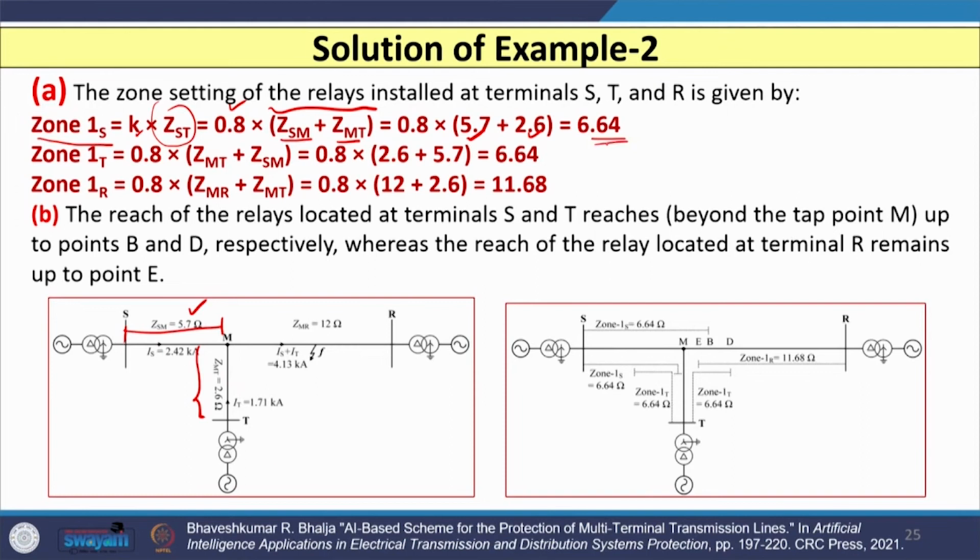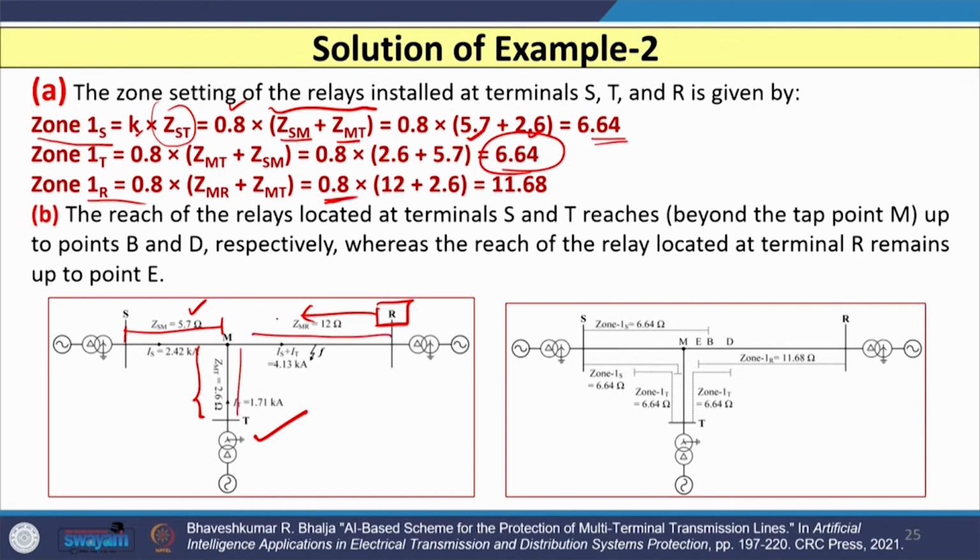Similarly, zone 1 for the relay located at terminal T is also 6.64, and zone 1 of the relay located at R is nothing but 0.8 times ZMR, that is this, plus ZMT.